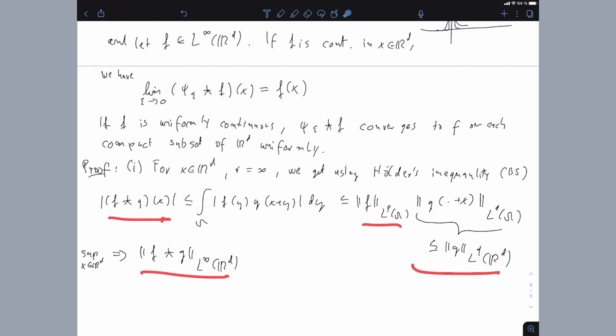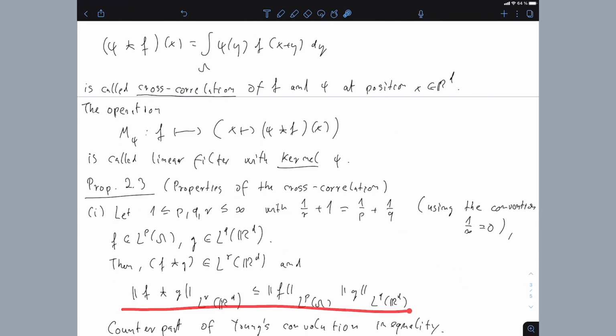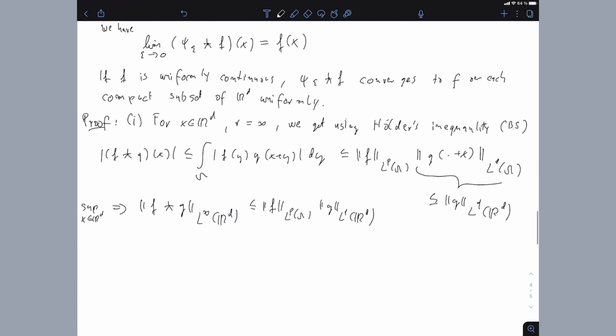And the right-hand side, since it doesn't depend on x, stays the same. And that means we have shown this here for the special case that R is equal to infinity. So at least one part of our claim is shown.